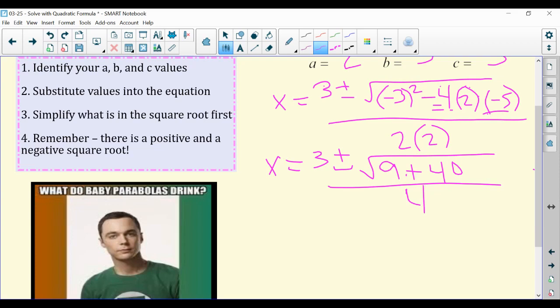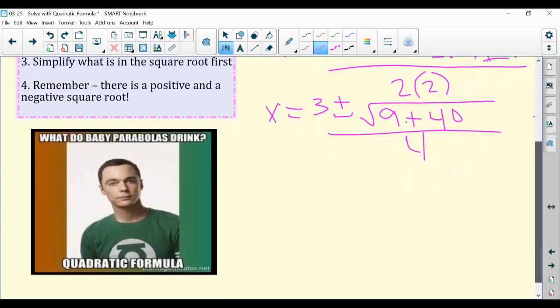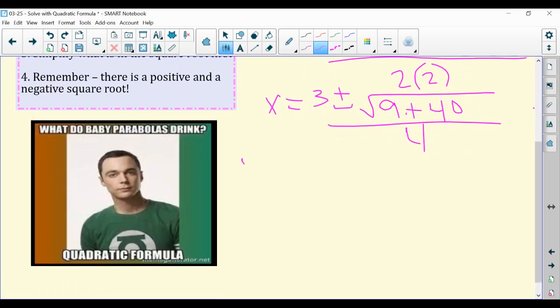Now we're just going to simplify from there. Remember, I've got 2 problems here, a plus and a minus. The first one, I'm going to move down a little bit. Actually, I'm going to simplify what's under there, and that's the square root of 49 because 9 plus 40 is 49, all over 4.